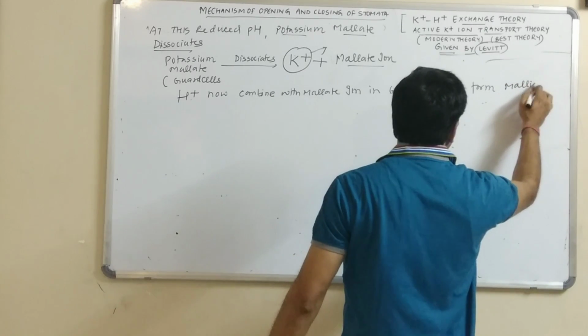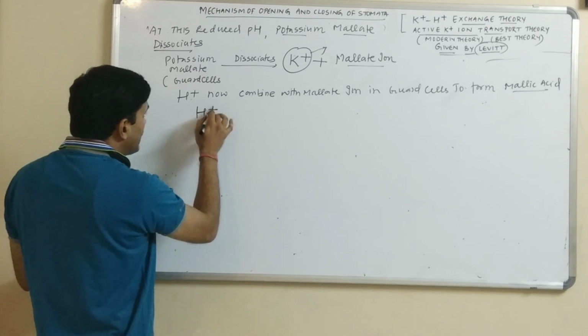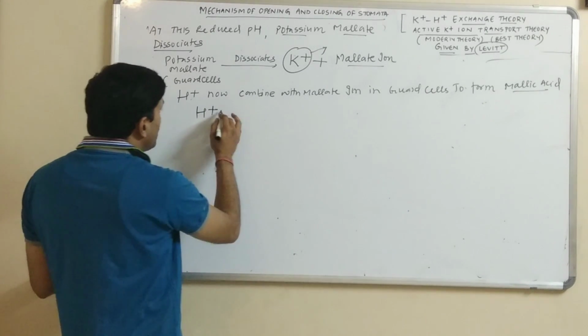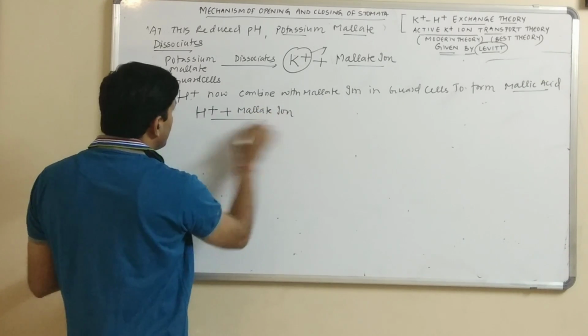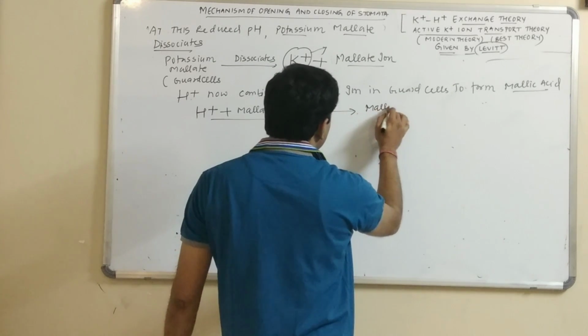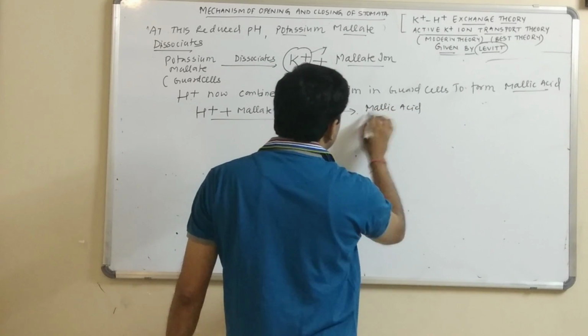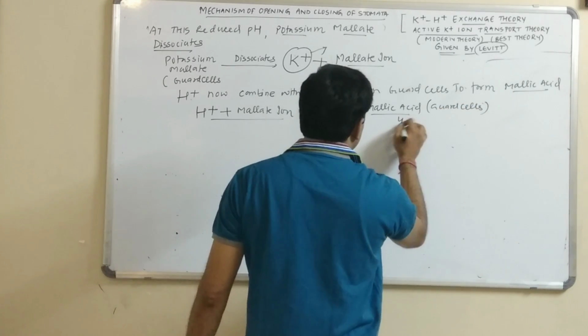Malic acid will be formed. Now see here, I am writing this in equation form. H plus ion combines with malate ion, and malic acid is formed. Malic acid is formed in guard cell, which is a 4-carbon compound.